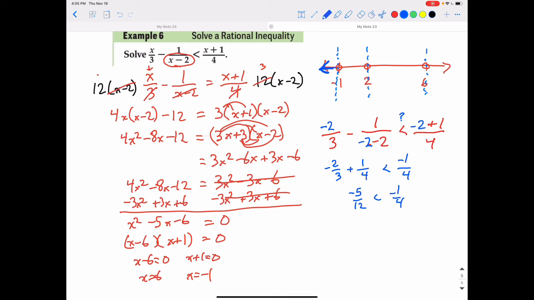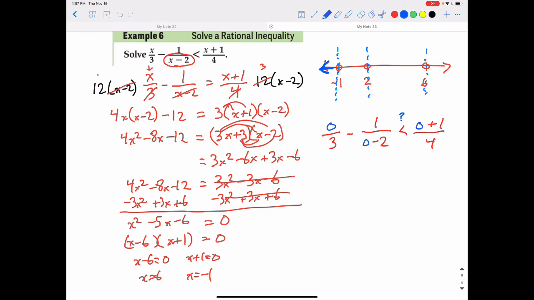And then I got to do it again for a number between -1 and 2. So let's do a quick erase here. And now I'm going to replace what the x's were, instead of with a -2 this time, with a number between -1 and 2, and 0 is a really great number to use there. So 0, 0, and 0, and we see if that's a true sentence again.